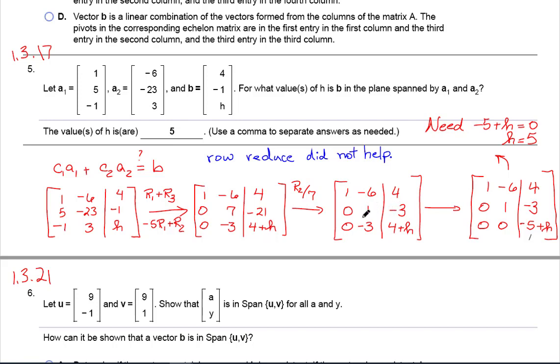And then I used this one to make a 0 underneath it. And so what I see is the following. I see that I've got a row of 0, 0, and minus 5 plus H. So what I want is for that to be 0, because if it's not 0, then there would be no solution. So I want it to be 0, which means that H needs to be 5. And in that case, B is in the span of those two vectors.